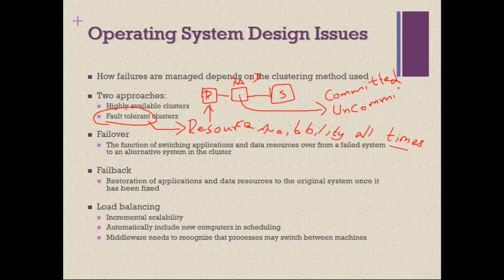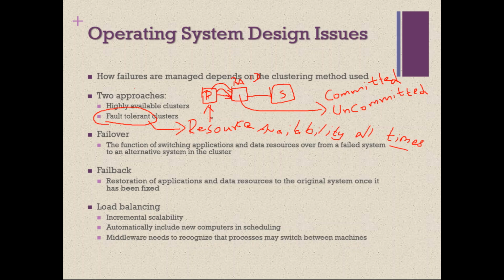At every millisecond or every nanosecond, it writes the data to the common disk. So for every request, it will specify whether it is committed or uncommitted. Committed means that request was fully processed. Uncommitted means it is partially processed.